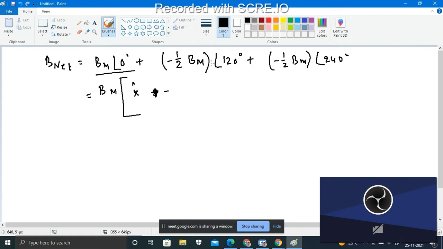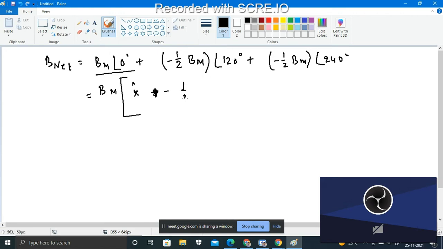We are considering the unit vector x and the unit vector y. The unit vector x is in the direction of x, the rightward direction, and for y we consider the upward direction. So x bar is a unit vector in the horizontal direction, and y is a unit vector in the vertical direction, right? For that case we consider the cos function and the sine function of this particular section.